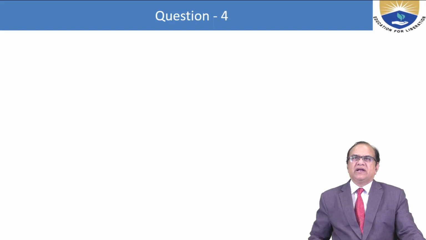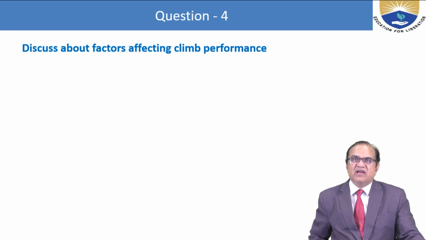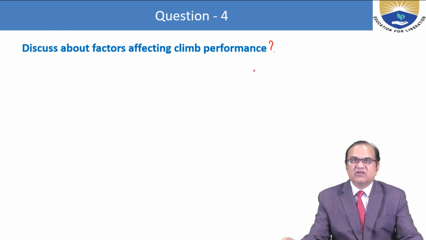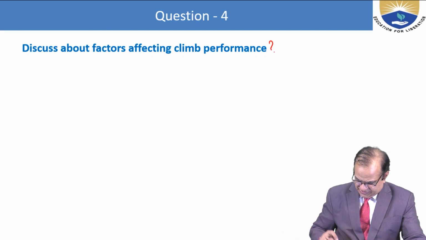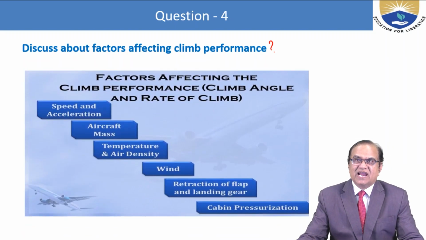Now we will talk about question number 4. Discuss factors affecting climb performance. So what are the factors which are affecting the climb performance? Here we have the factors affecting the climb performance, that is climb angle and the rate of climb.